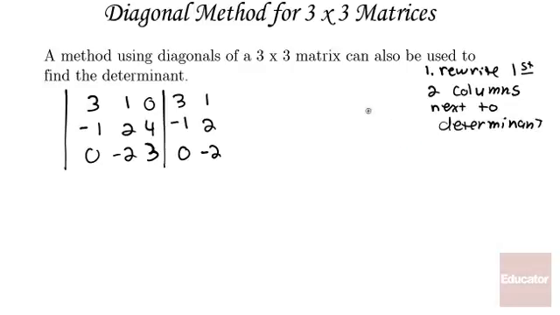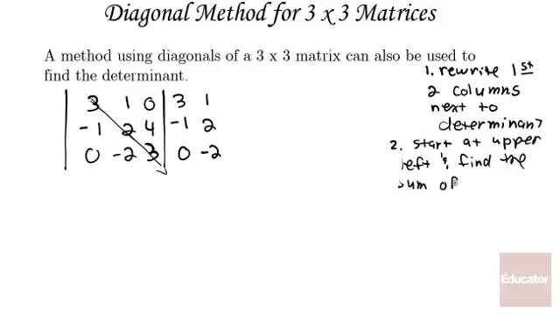Next, you begin at the upper left, and you go along the diagonal, going from upper left down. And you find the sum of the products of the diagonals.